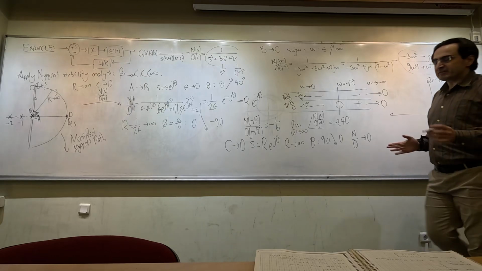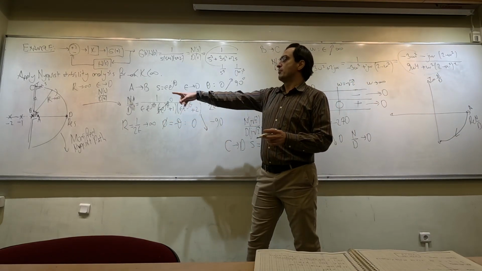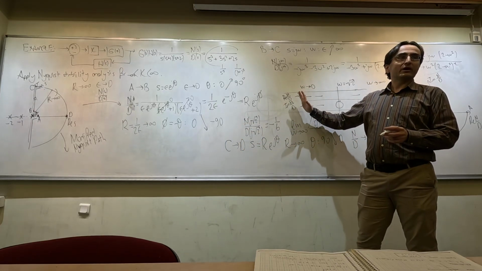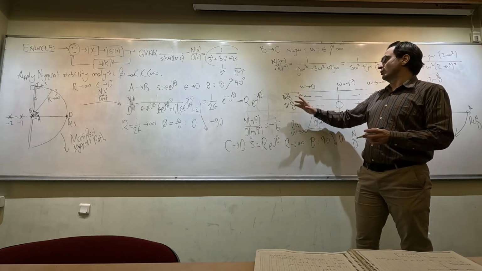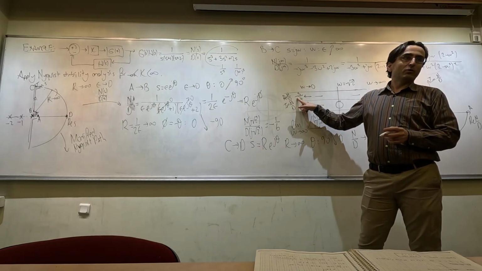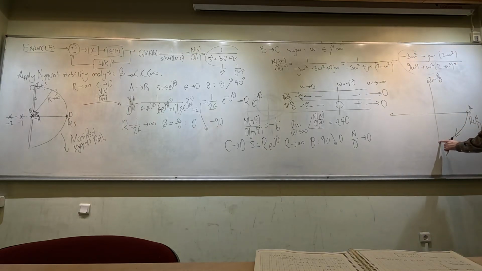But here there is something tricky, because at the end of part from A to B, you're going to come to the beginning of this table. The beginning of this table is going to be saying that the real part should be minus 3 over 4, imaginary part should be minus infinity. The imaginary part is already minus infinity, but it says that the real part is minus 3 over 4.